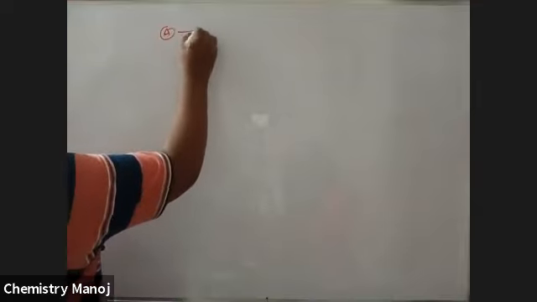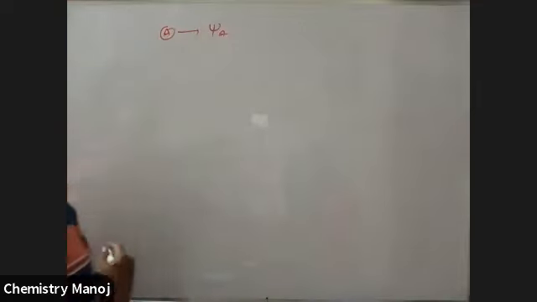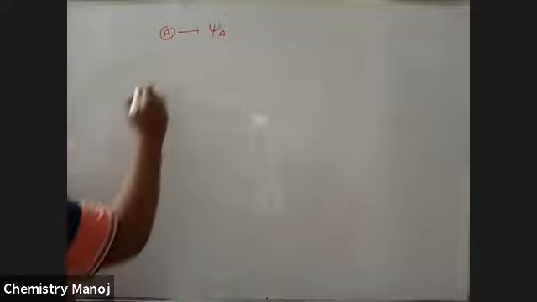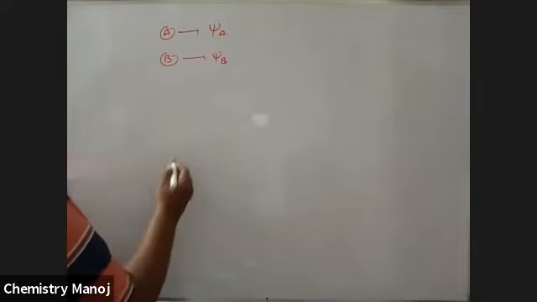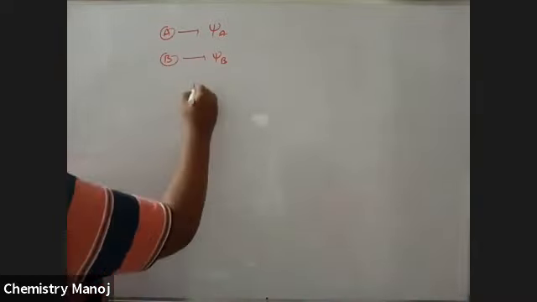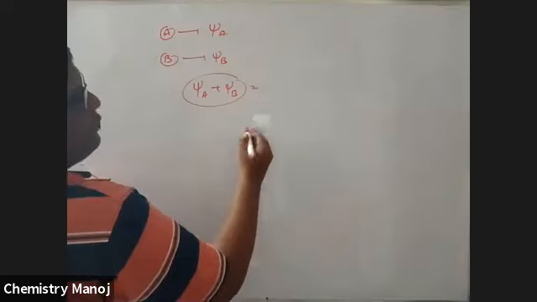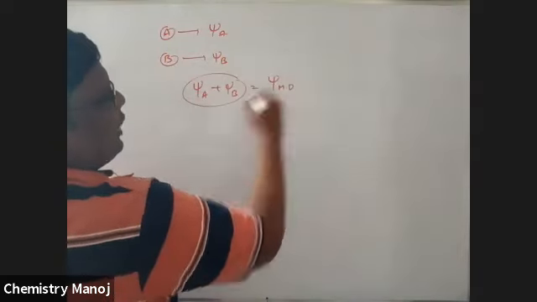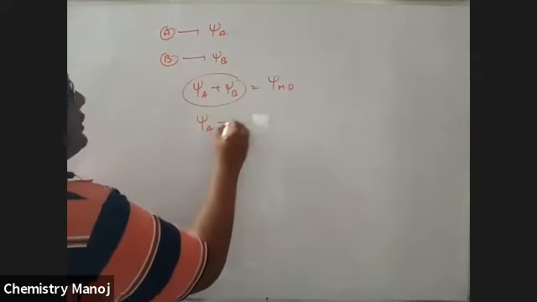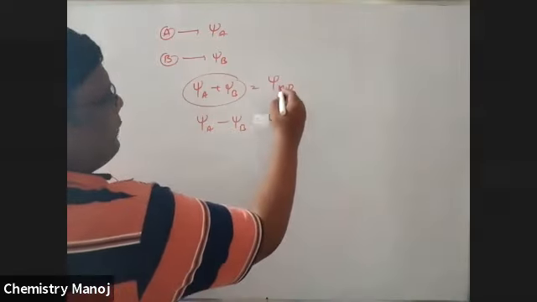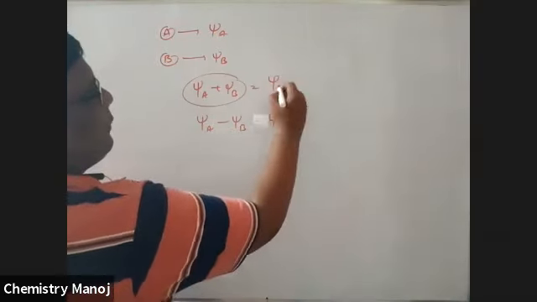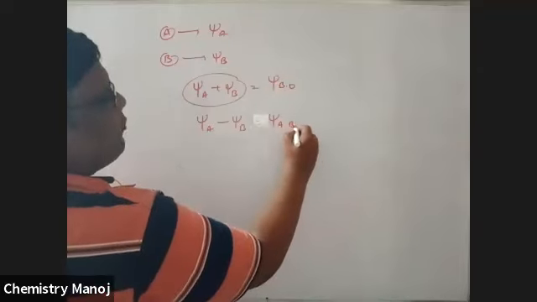In atom A, the electron wave function is taken as psi A, and in atom B, psi B. Psi A plus psi B gives the bonding molecular orbital, and psi A minus psi B gives the anti-bonding orbital.